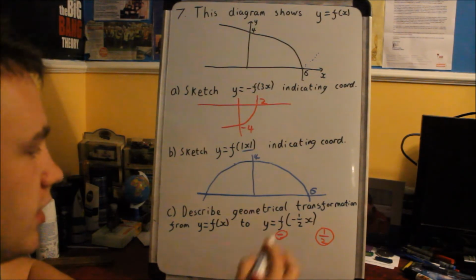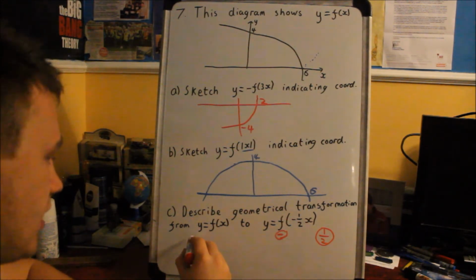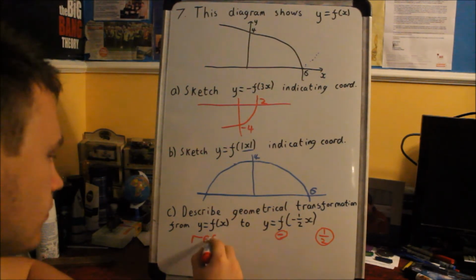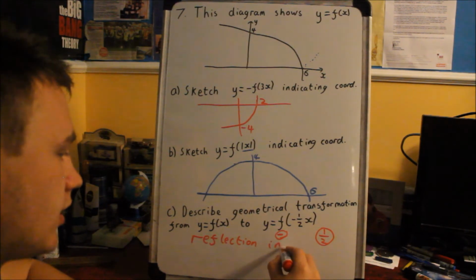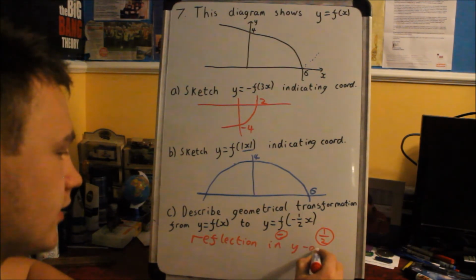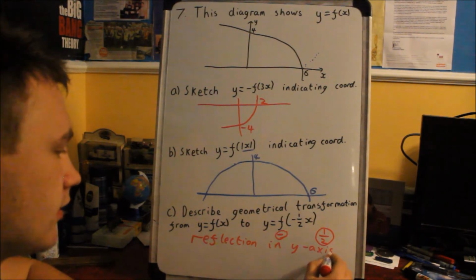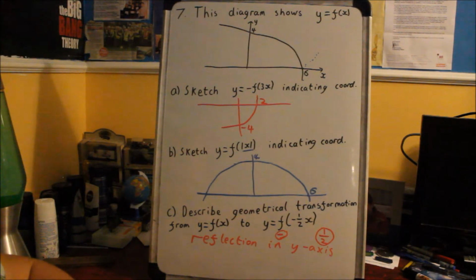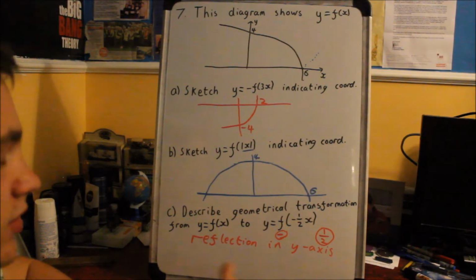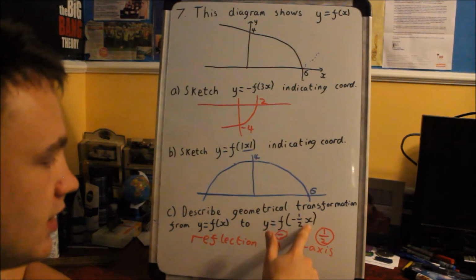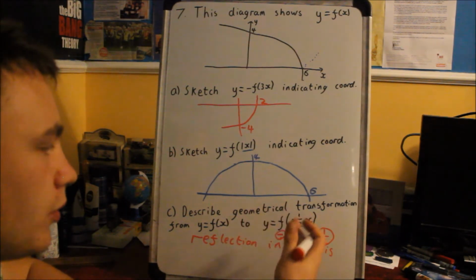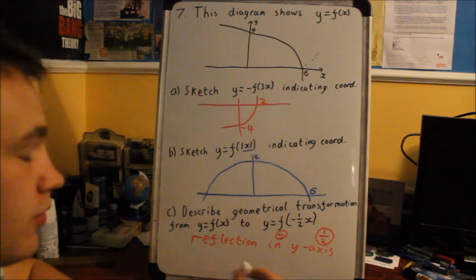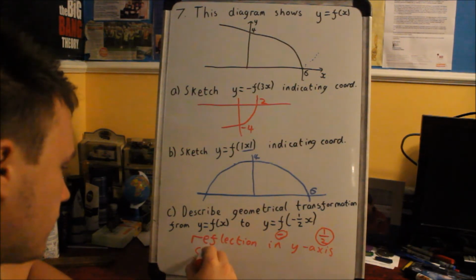transformations. So what do we do? Well, the negative is a reflection, and because it's inside the bracket, it's a reflection in the y-axis. Perhaps the opposite to what you'd think, so get to know your transformations. It's inside the bracket, it's near the x, so it's in the y-axis that it's reflected. What does the half mean? Well, a number as a coefficient of x means a stretch.